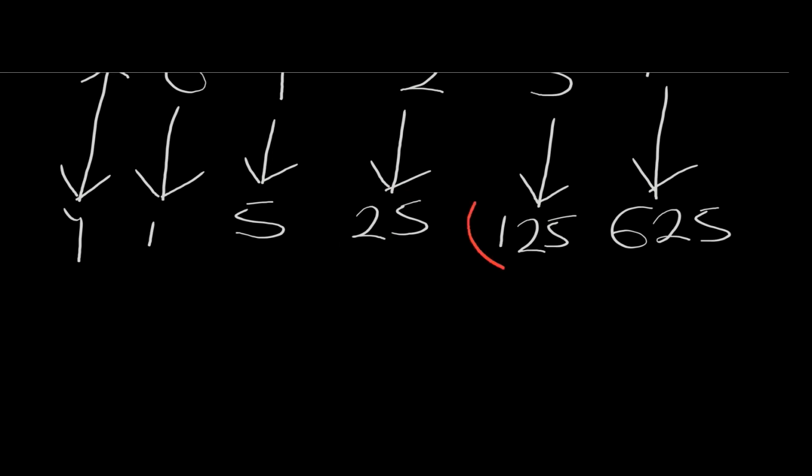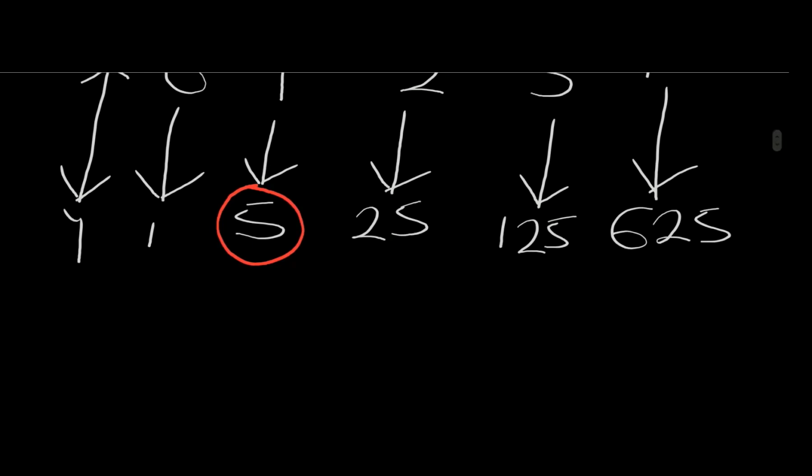And also, to get the next term, we multiply this number by that same number to get what? 125. And lastly, we use the same number to multiply 125 to get this number. So, that number is always fixed. And if you're able to get a number like that, then that number is the common ratio.